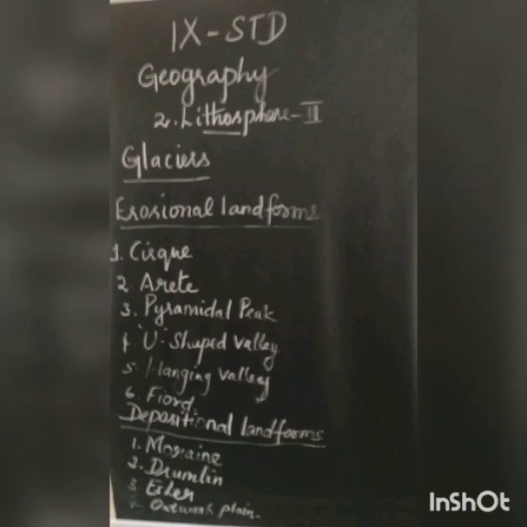Long, narrow ridges composed of boulders, gravel and sand deposited by streams of melting water which run parallel to the glacier are called eskers. The last depositional landform of glacier is outwash plain. It consists of glacier sediments deposited by the melting of ice at the terminus of glacier. It appears as an extensive accumulation of sand, gravel and silt.